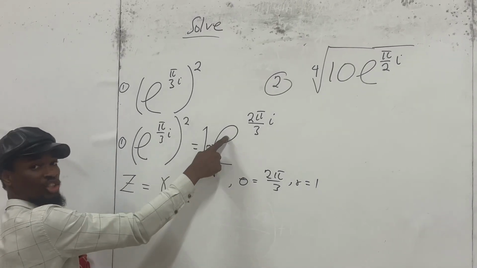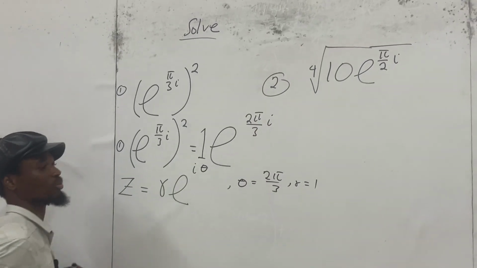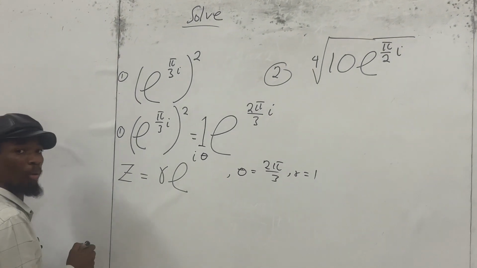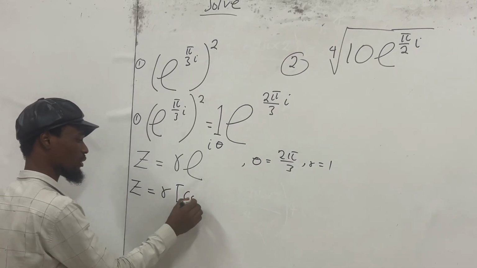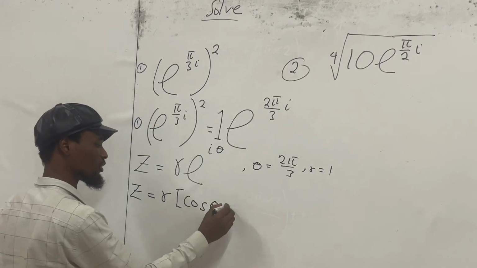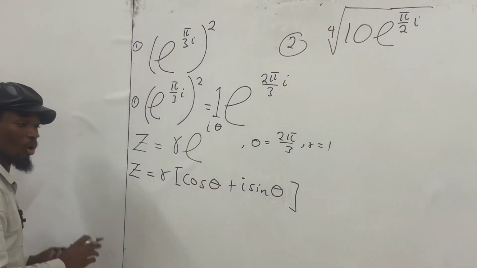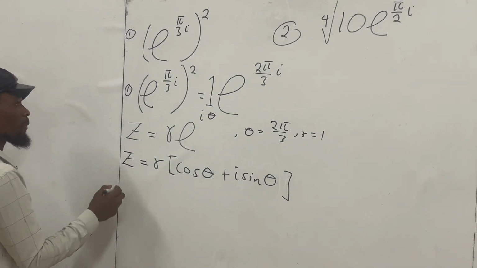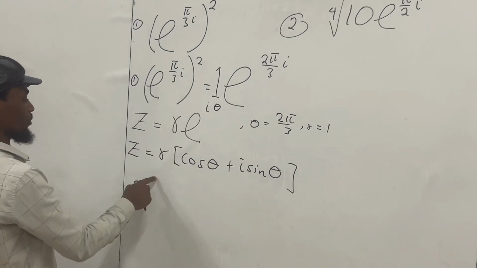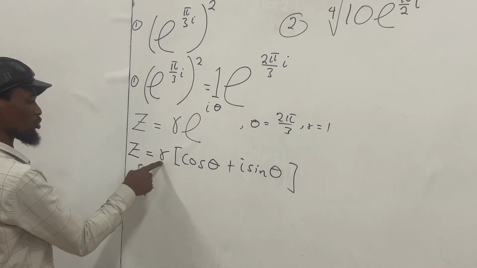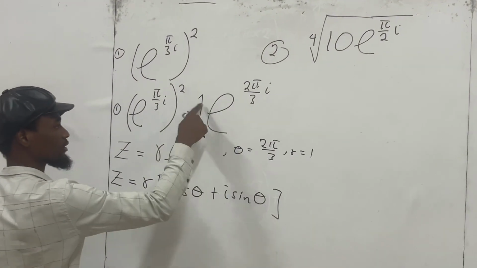So by comparison, r goes to 1, and theta is equal to theta. And we know that a complex number in polar form is r cos theta plus i sine theta. We've been doing this all this while, right? Good. So here, what do we have? We have r equal to 1.